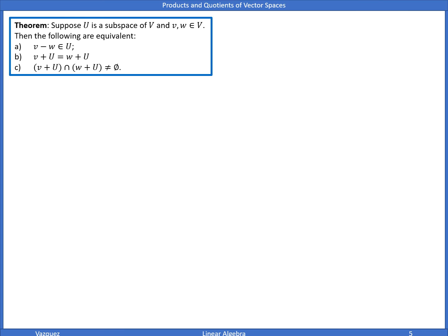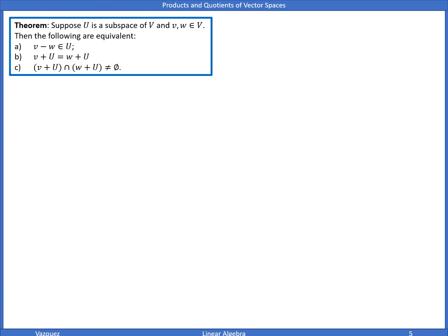So now on to a pretty important theorem, one we're going to be referencing a lot. We're going to keep coming back to it. Suppose U is a subspace of V and v, w are in V. Then the following are equivalent. A: v minus w is in U. B: v plus U is equal to w plus U. C: v plus U intersect w plus U is non-empty.